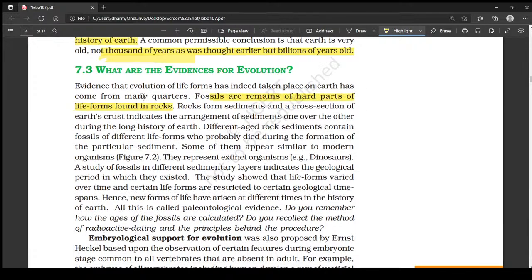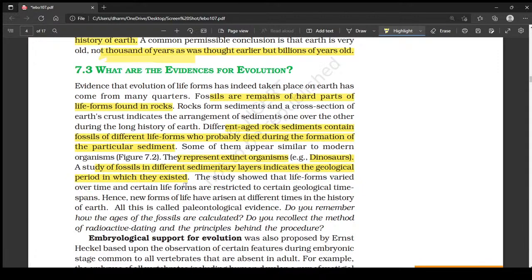Rocks form sediment and a cross-section of earth crust indicates the arrangement of sediment one over the other during the long history of Earth. Different aged rock sediments contain fossils of different life forms, which probably died during the formation of the particular sediment. Some of them appear similar to modern organisms. They represent extinct organisms, for example dinosaurs.